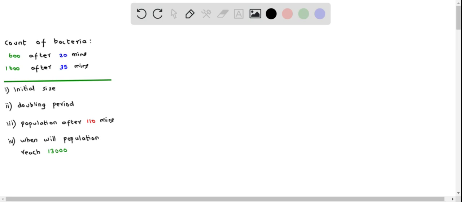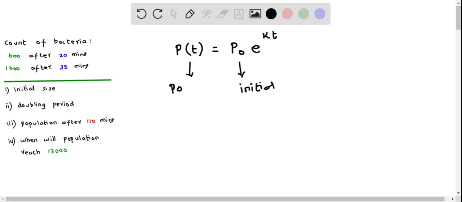Since we know that the count grows exponentially, we are going to use the population exponential model, which is used for growth. We represent the population as P of t, and this equals P naught e raised to the power of kt, where P of t represents the count of bacteria at time t, and P naught represents the initial size.